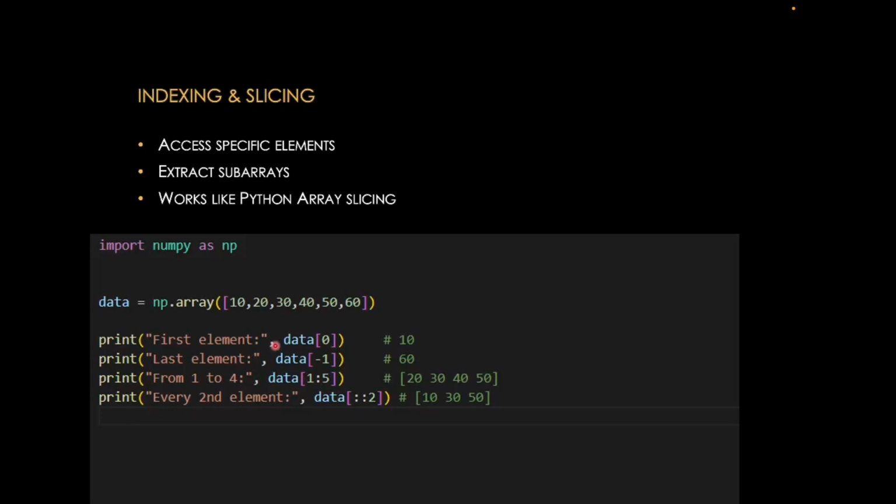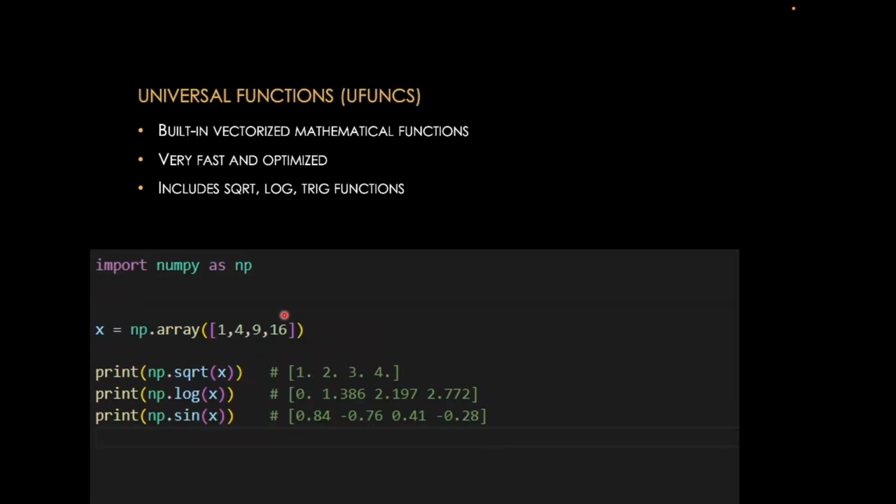So 1:5 means indexes 1 to 4, it will print 20, 30, 40, 50. If we want to print the elements by stepping, we can provide a double colon. Double colon 2 means it will print the first element, then leave the second element and print the third element. So it will print the elements by stepping 2 every time.